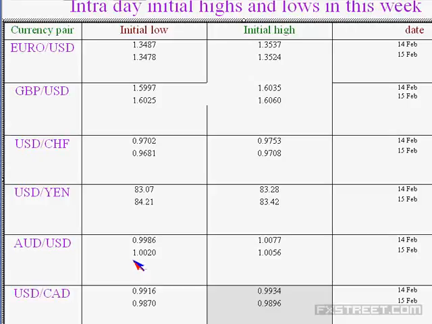Then Australian dollar 1.0020 is the low, which is intact, currently trading around 1.0040, and 1.0056 is the high, and they are expected to gain the levels slowly. This time around you are not going to see them quickly gaining 50 pips, 100 pips and things like that. They will intentionally make the gains on a daily basis.